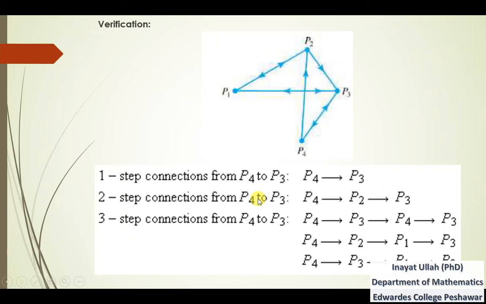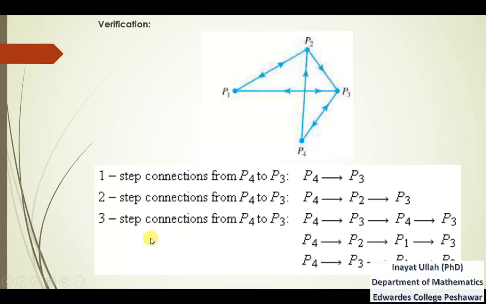Taking two steps to reach from P4 to P3, there is only one. You can move from P4 to P2, and then from P2 to P3. This is one step, and that is the two-step connection from P4 to P3, which is only one.